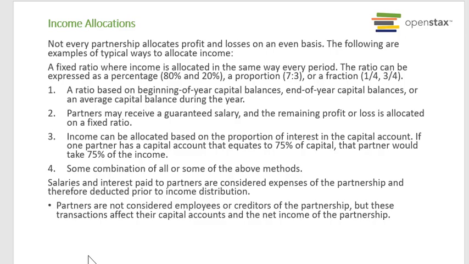And then 3, income can be allocated based on a proportion of interest in the capital account. If one partner has a capital account that equates to 75% of the capital, that partner would take 75% of the income. His money is the money that's in the business they're using to make money, so it kind of makes sense. And then 4, some combination of all or some of the above. There are just so many different ways you can write this up.